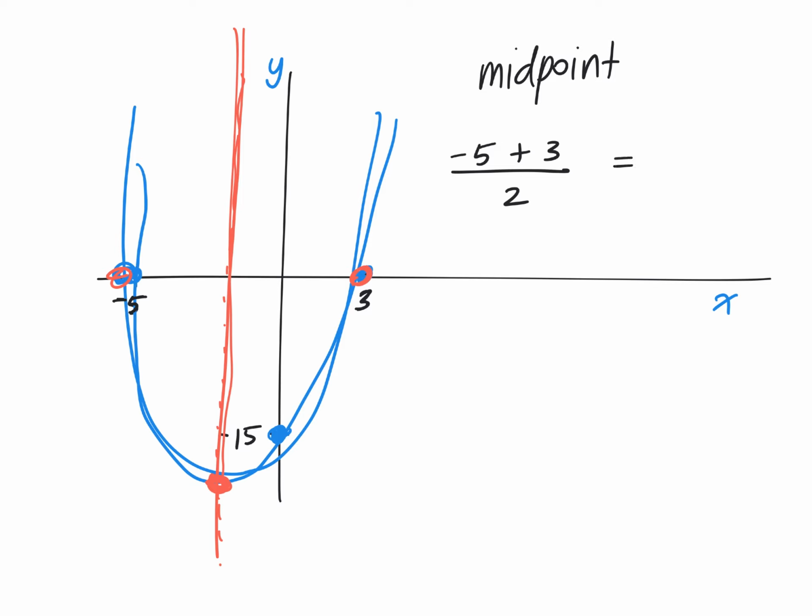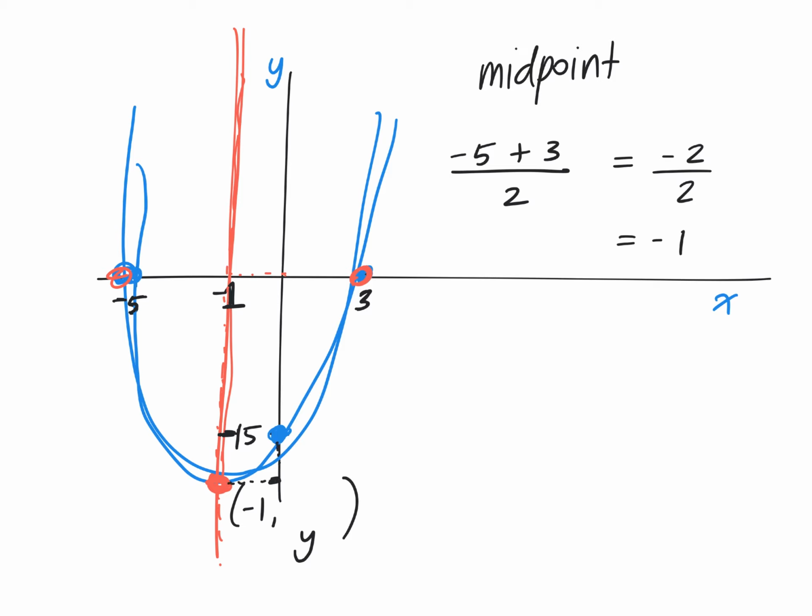Negative 2, right? And then divide that by 2, what do I get? Okay, does this make sense? The vertex is located, look here, at negative 1, and I don't know what the y value is. It's going to be below this negative 15. It's somewhere down here, right?